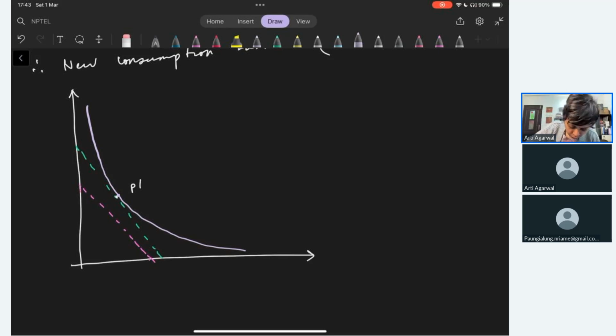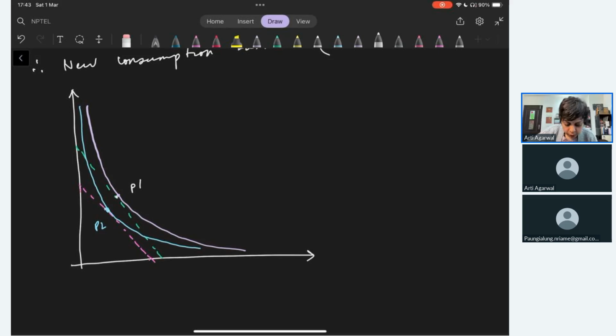So it's maybe somewhere here. Okay, so suppose this is the new point of tangency. It's again not so obvious, but you know, you can only draw so much.